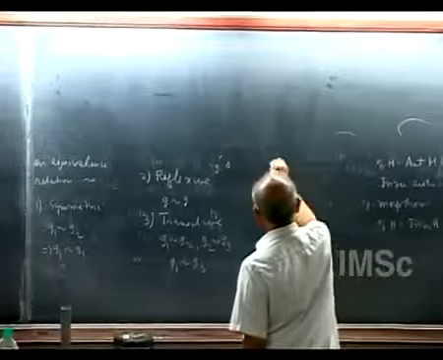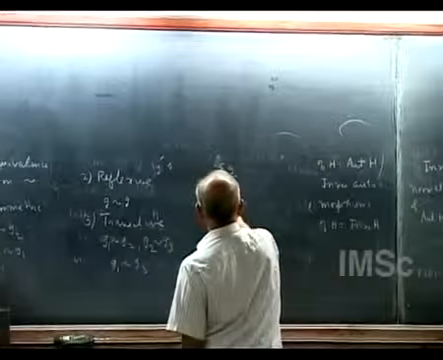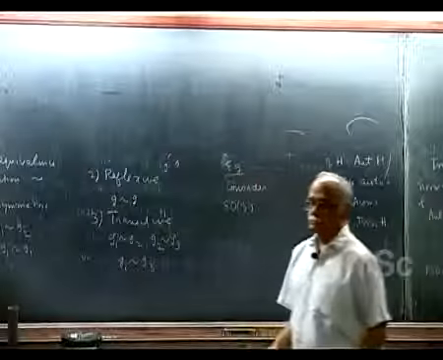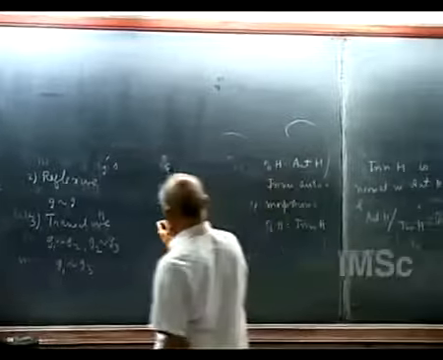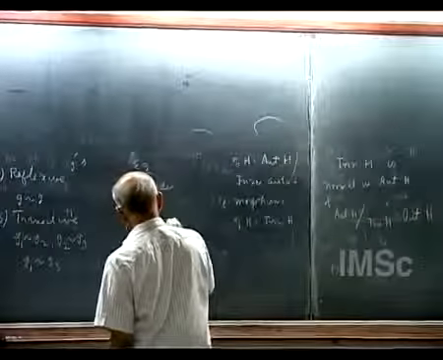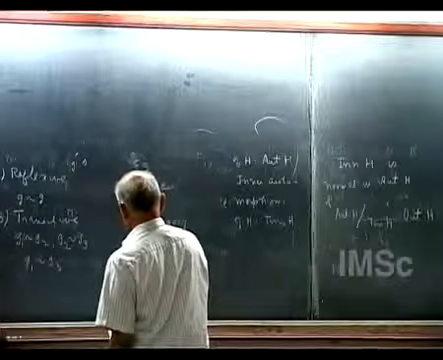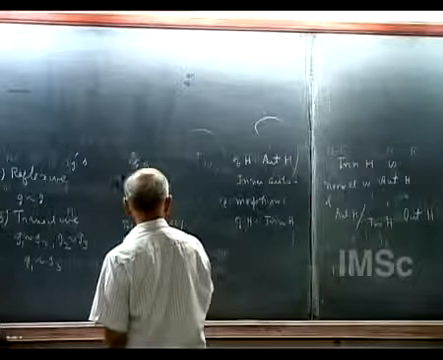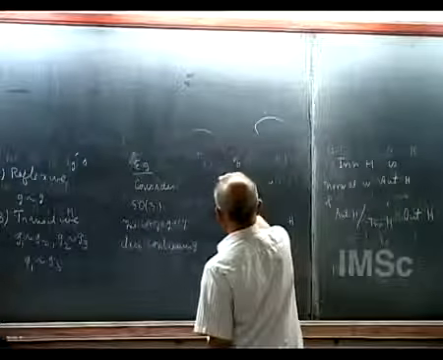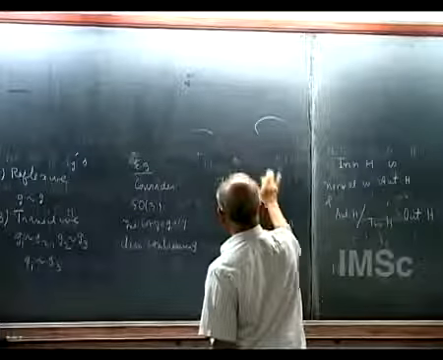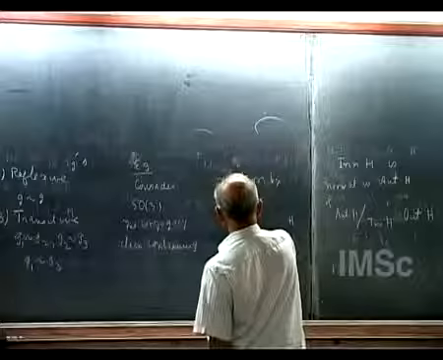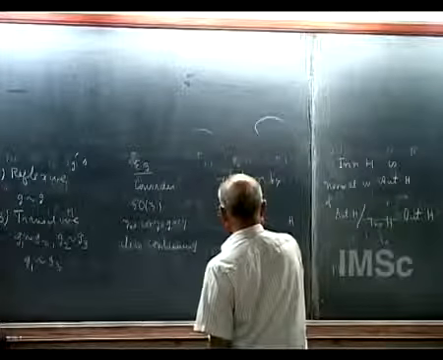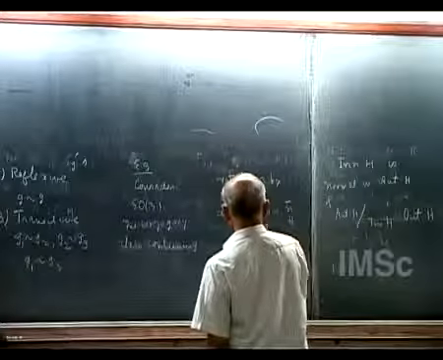Consider SO(3). The conjugacy class containing a particular element, a rotation by angle theta around axis n, call it R(n, theta).